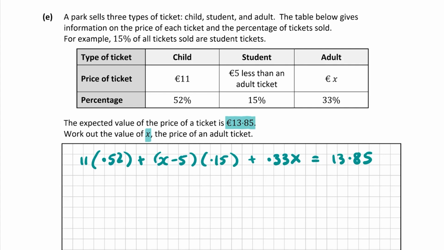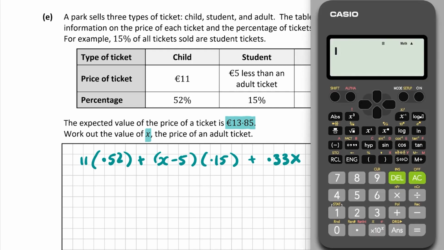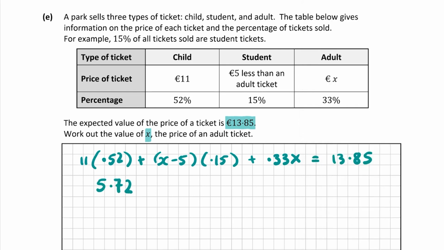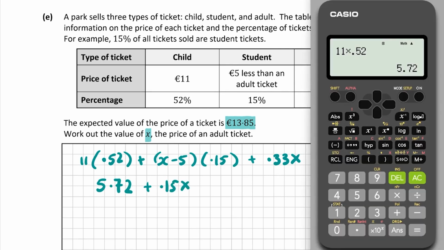So all we need to do here is solve for x. It's actually quite a simple algebra question when you break it down. So 11 by 0.52 gives us 5.72. And then we have plus 0.15x, and then we have minus 5 multiplied by 0.15.